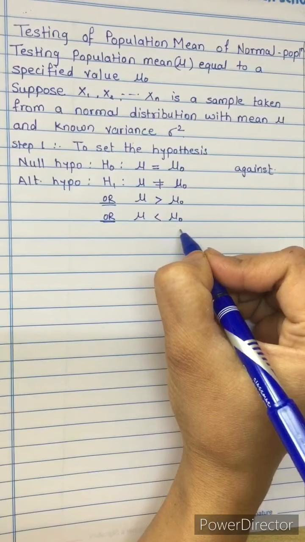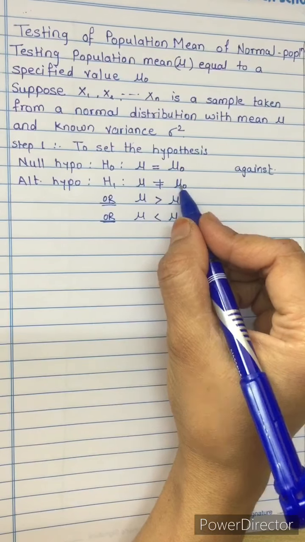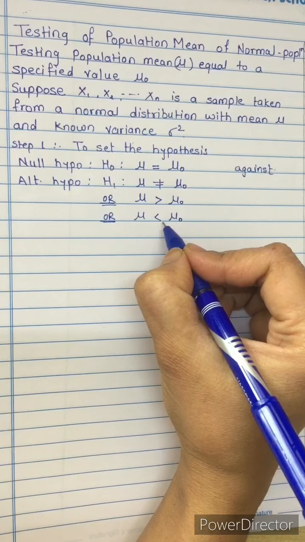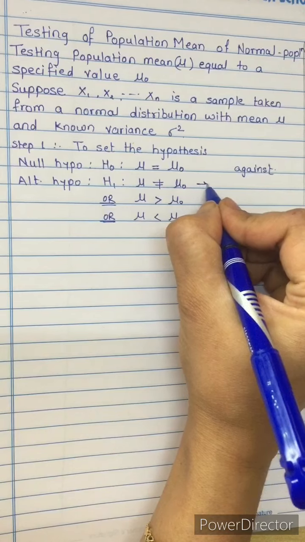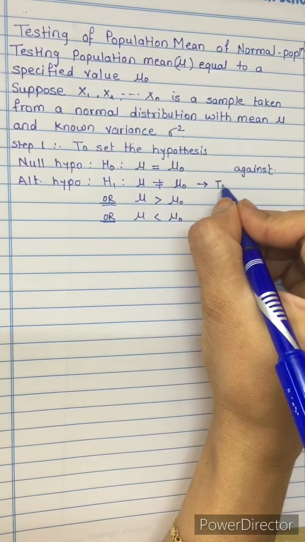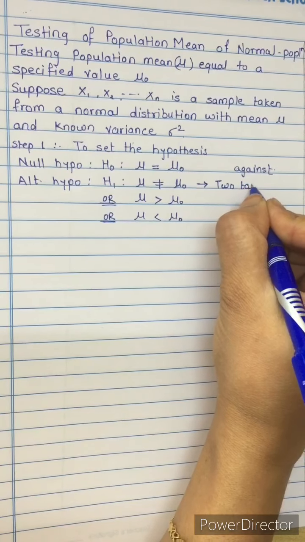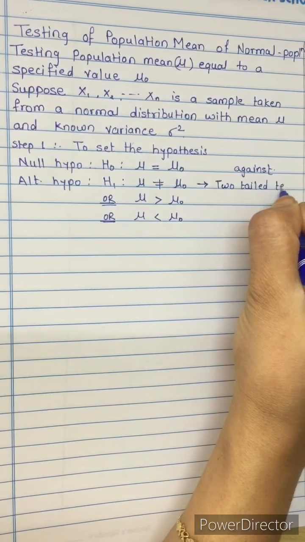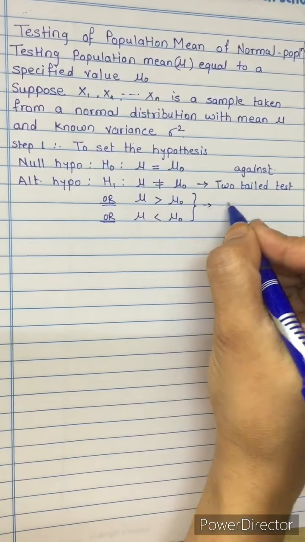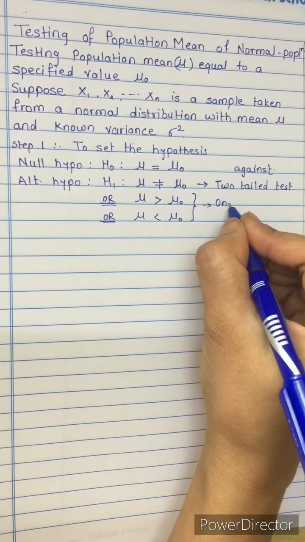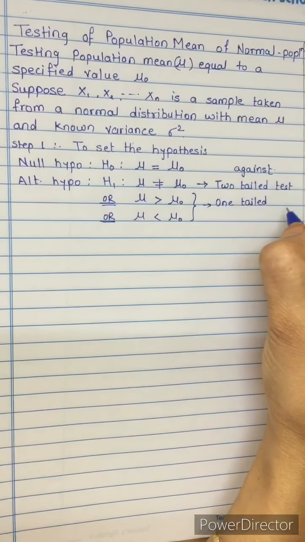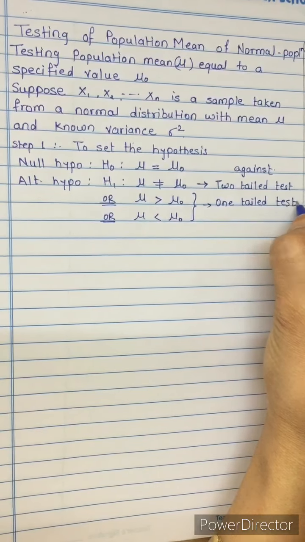There may occur three cases, that is mu is not equal to mu naught, mu is greater than mu naught, mu is less than mu naught. Okay. So when in alternative hypothesis there is the not equal to case, it is called a two-tailed test. And when we have less than or greater than sign, then we have a one-tailed test. Okay.